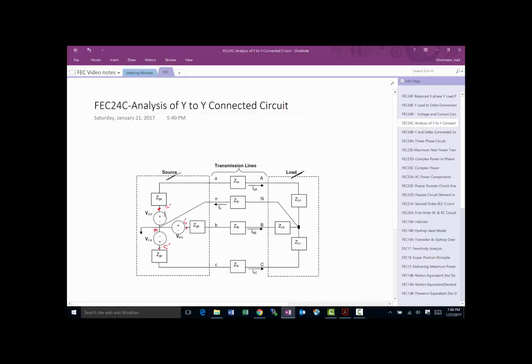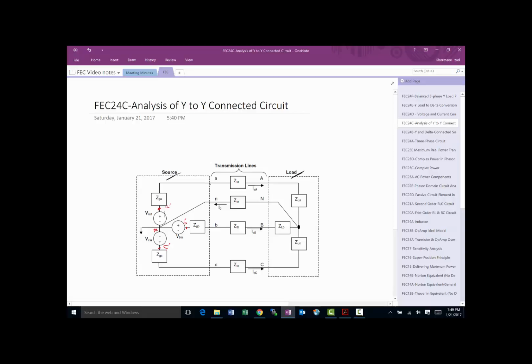And then these ZGA, ZGB, and ZGC are the winding capacitance, inductance, and resistance that is inherent in any source, anything that generates electricity. It will have some impedance attached to it, so these are referred to as the internal impedance of that particular generator.